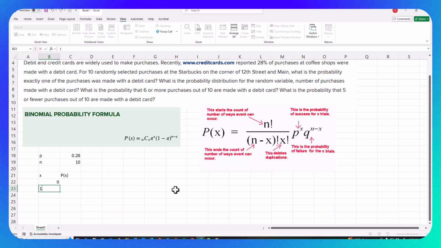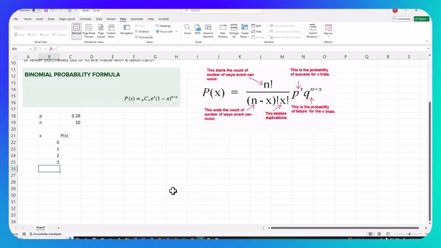From here, I'm going to number these, and watch, this is something really nice about Excel. You can just drag this down and it knows to number. Now, how did I know to stop at 10? Because my sample size is 10. Remember, the P is the probability of success, and the N is the sample size.